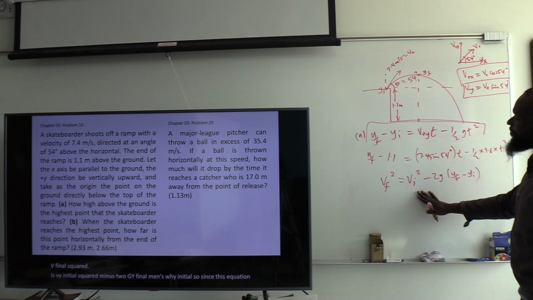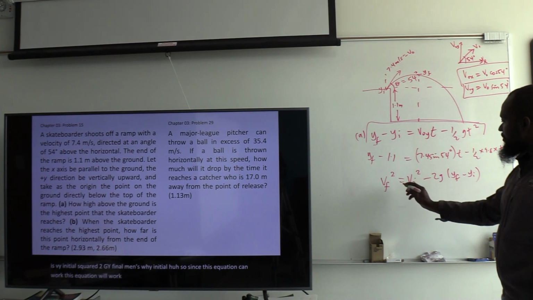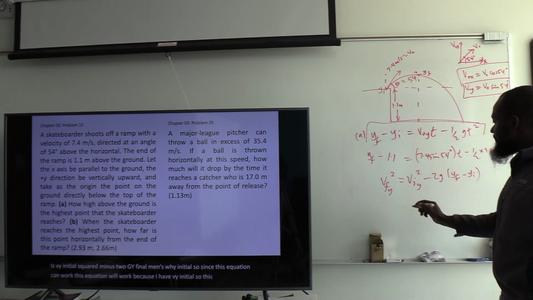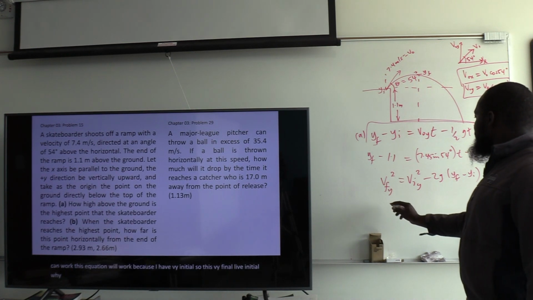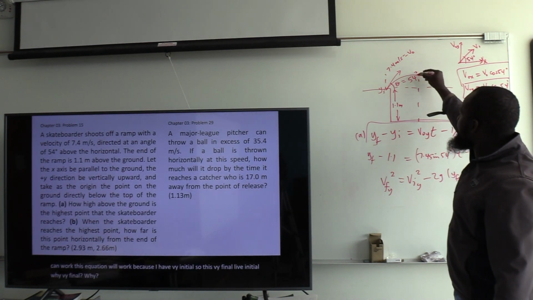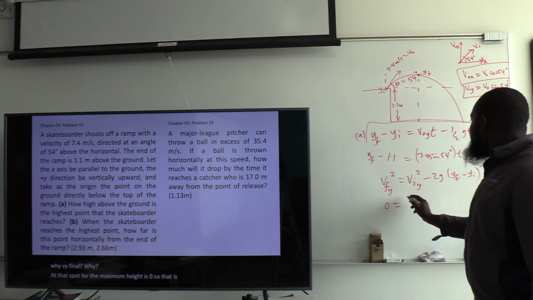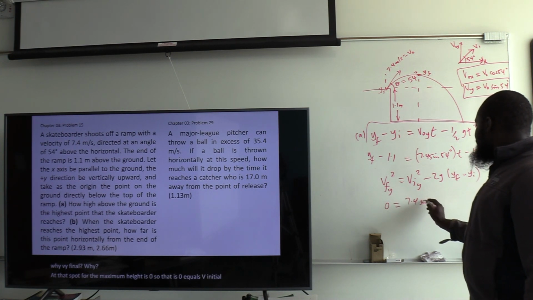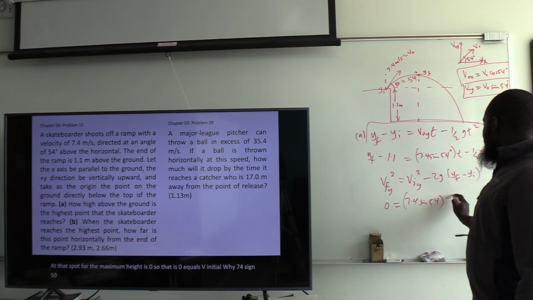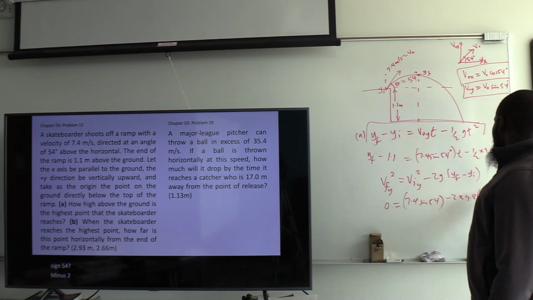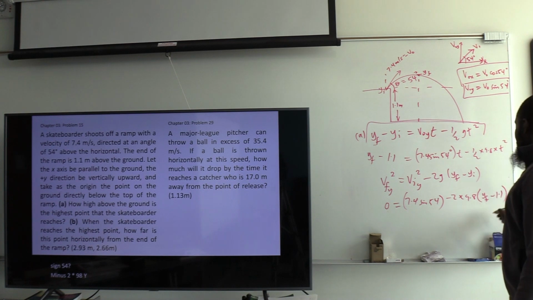This equation will work because I have v initial y. V final y at that spot for the maximum height is 0. So that is 0 equals v initial y, 7.4 sine 54, squared, minus 2 times 9.8, y final minus 1.1.